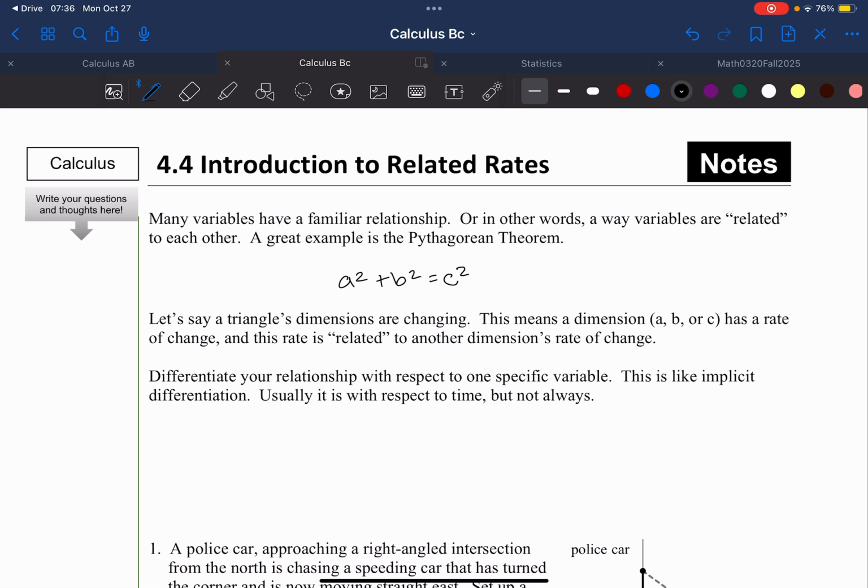So let's go ahead and take a squared plus b squared equals c squared and take the derivative with respect to time.